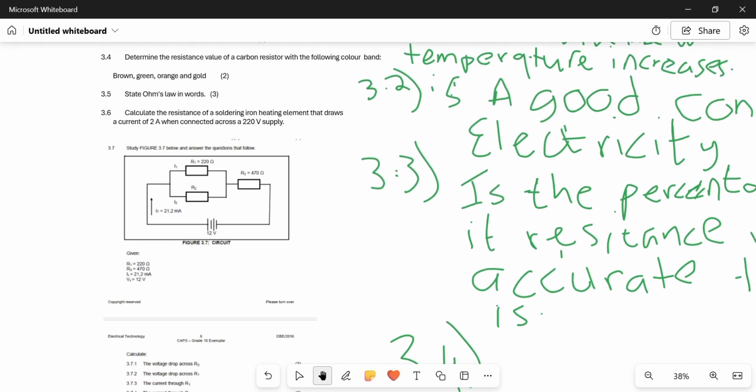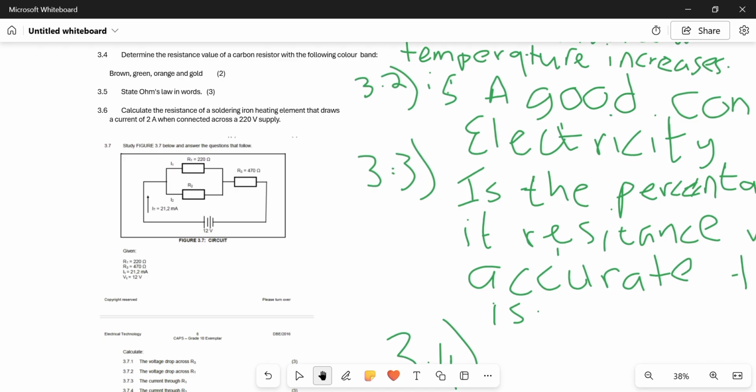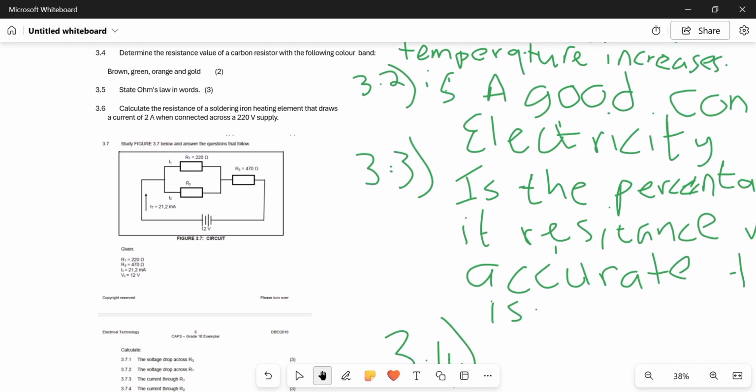3.4 says determine the value of the carbon resistor with the following color bands: brown, green, orange, and gold.